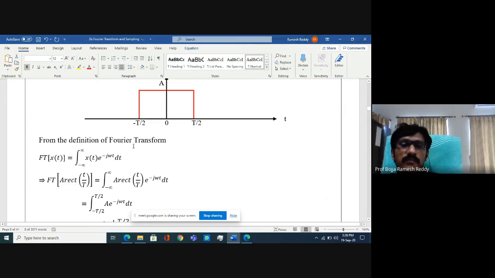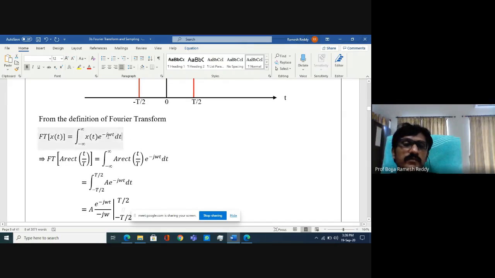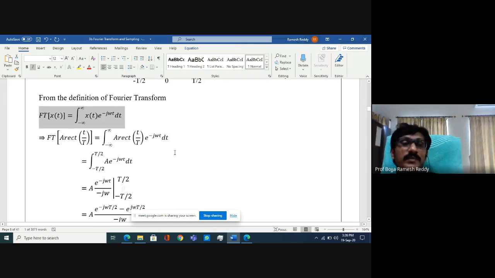Now see, from the definition of Fourier transform, the basic formula, it is the starting step of every problem. The frequency domain can be computed from the basic definition of Fourier transform. All fundamental things, not complicated problems. For lengthy problems, we can apply properties and minimize it.